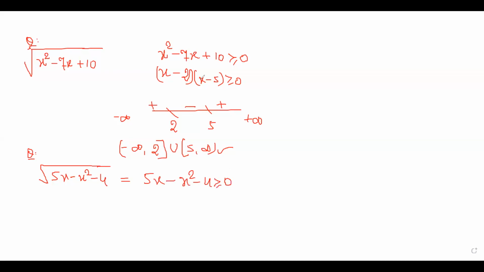You make the coefficient of x square positive, so you will take the minus sign outside. It will be x square minus 5x plus 4 is greater than or equal to 0, so that you can write x square minus 5x plus 4 is less than or equal to 0.